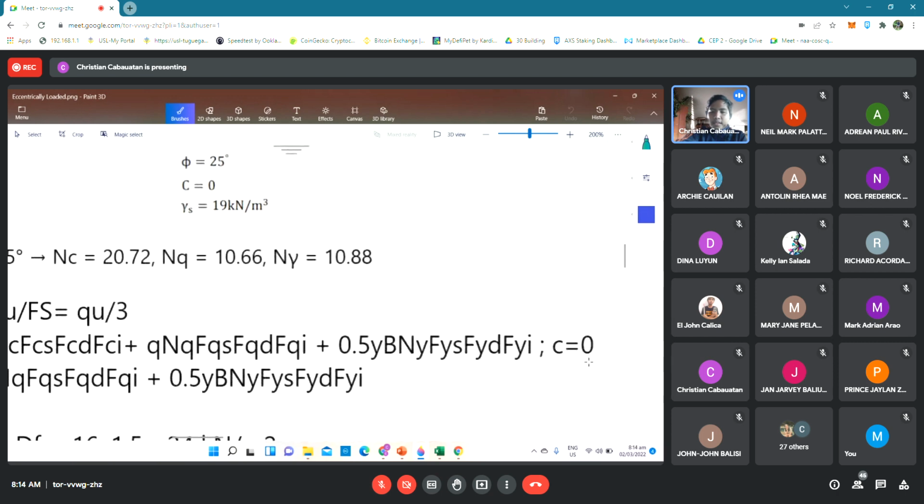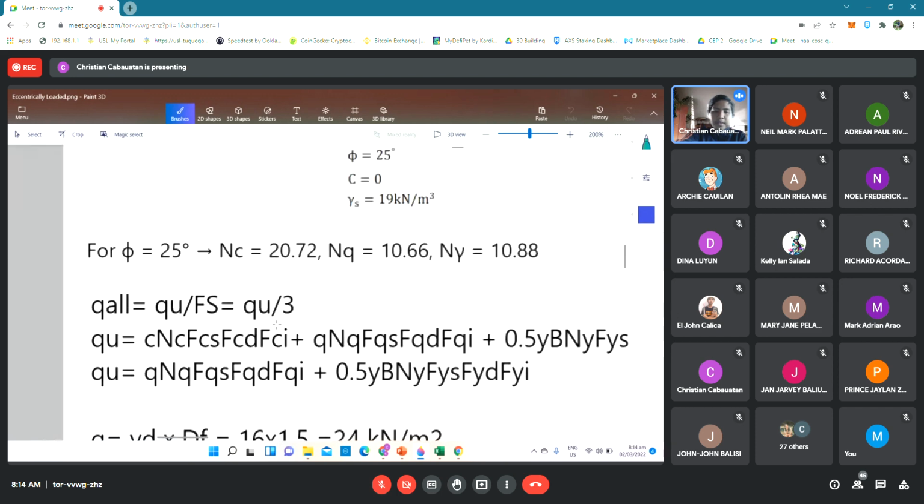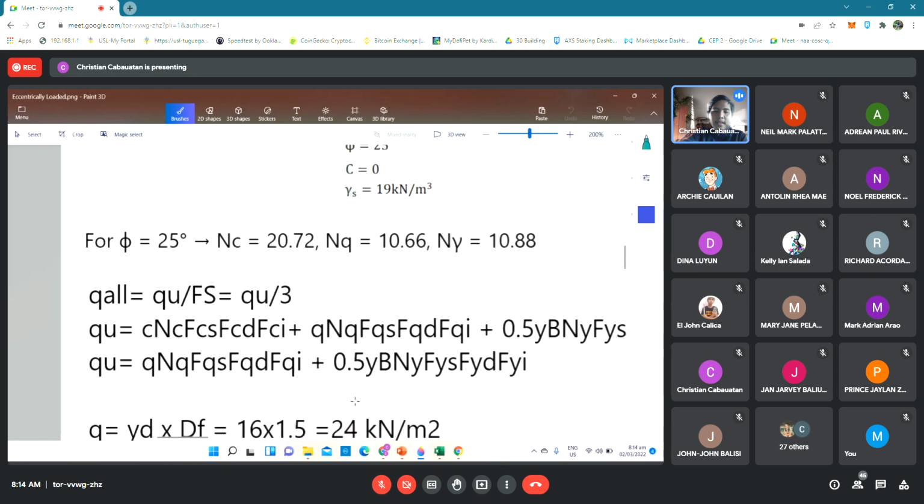Since the cohesion at the bottom of the foundation has a value of 0, our first term, c Nc Fcs Fcd Fci, is negligible. Therefore, qu is just the second term and the last term.